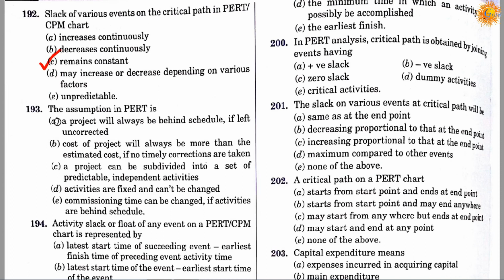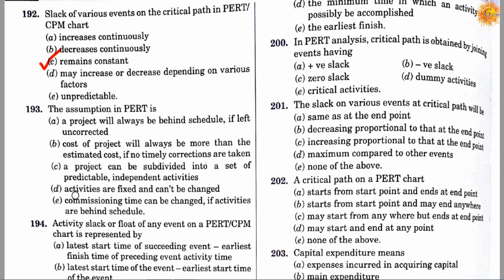Okay. Question number 193. The assumption in PERT is: option A, project will always be behind schedule if left uncorrected. Option B, cost of project will always be more than the estimated cost if no timely corrections are taken. Option C, the project can be subdivided into a set of predictable independent activities.